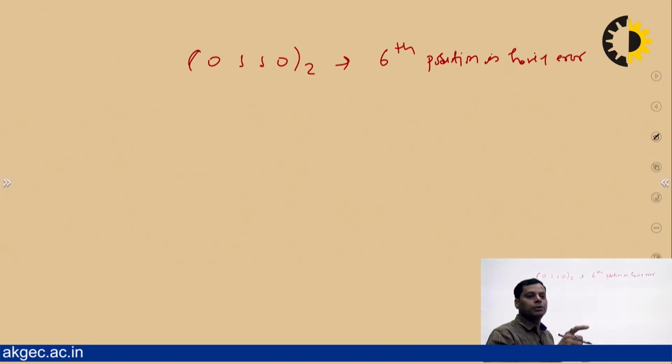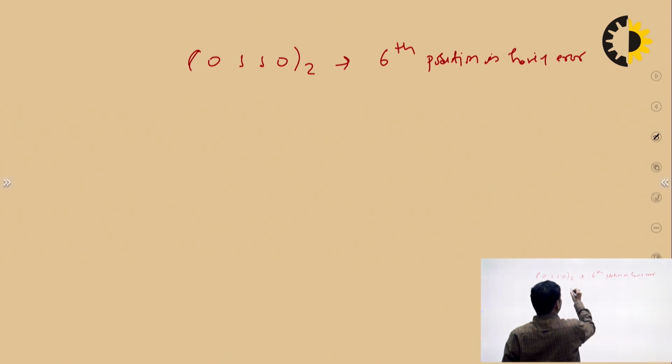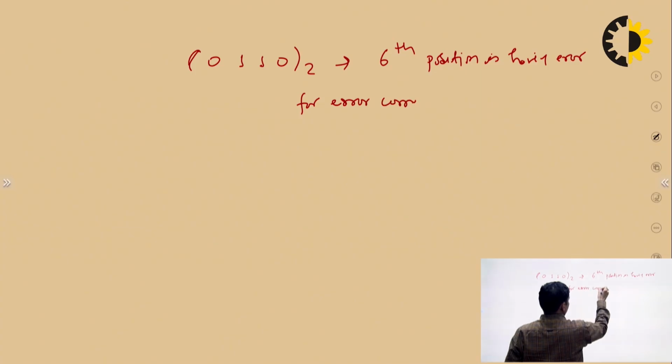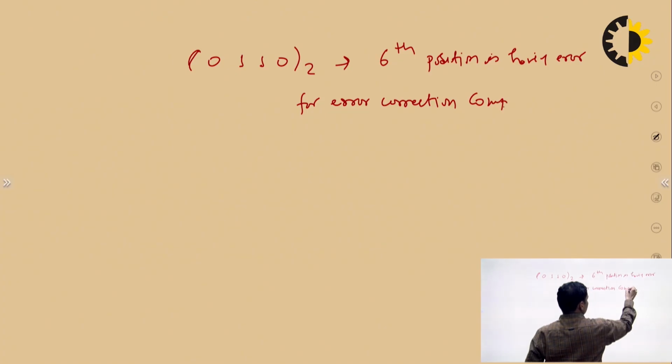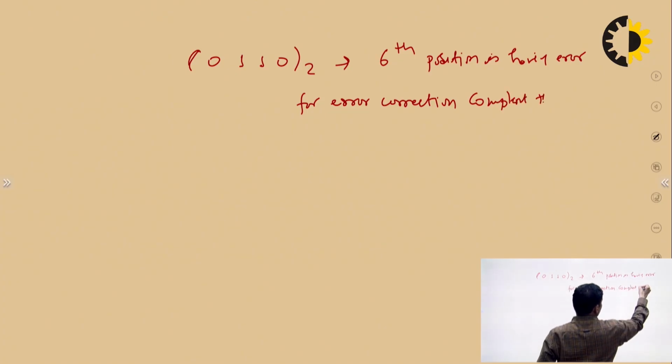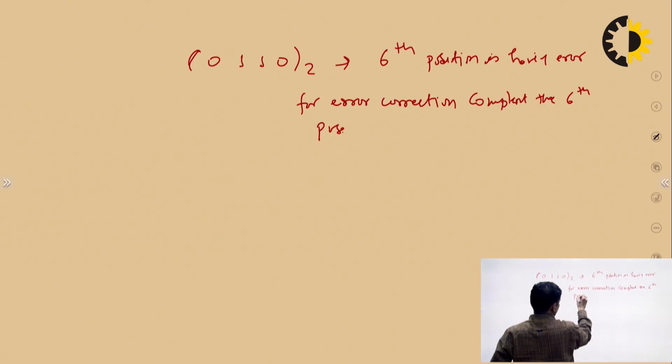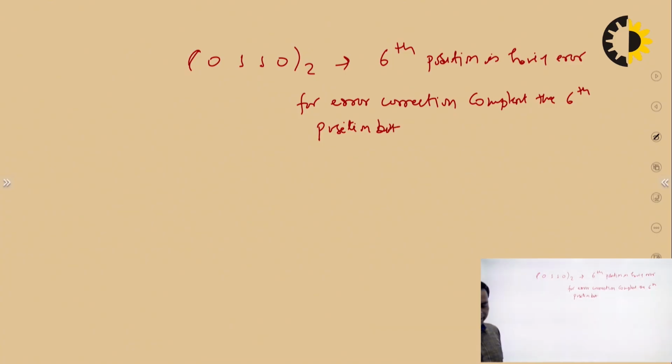Now, how can the error be corrected? For error correction, complement the 6th position.